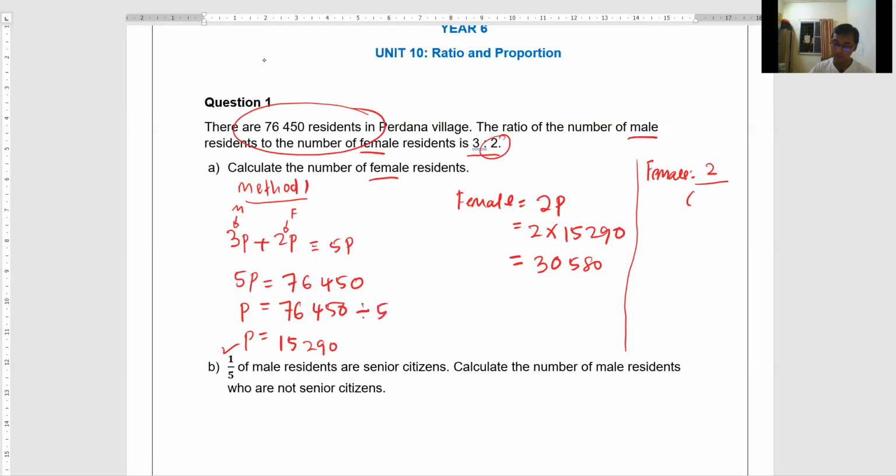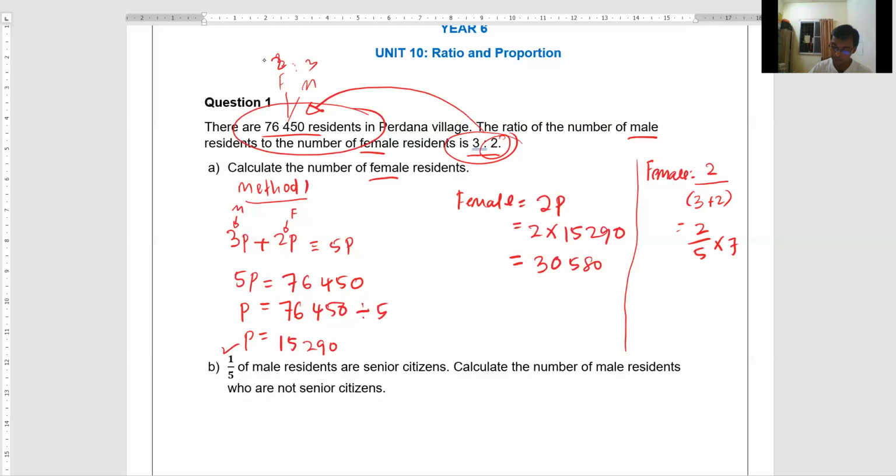The total means 3 plus 2, because the 3 and 2 came from the total residents, male and female. So you must add here the total: 3 plus 2. So it is equal to 2 over 5 times the total residents.